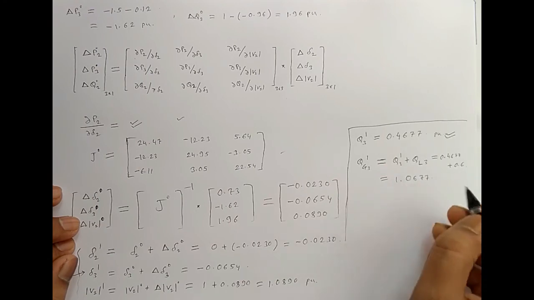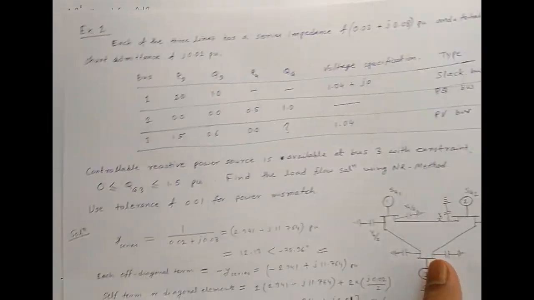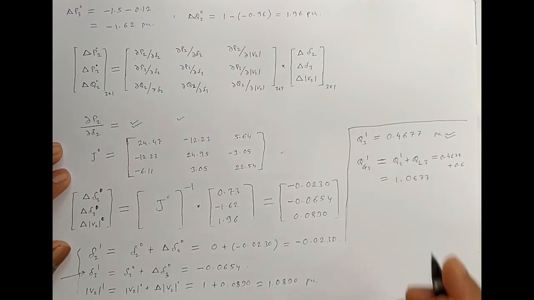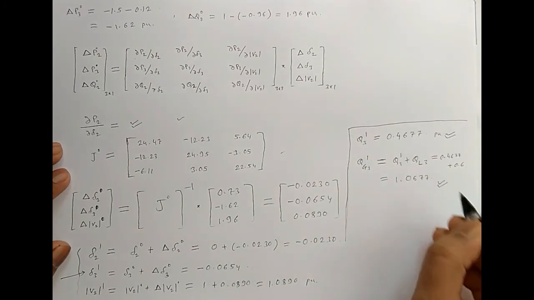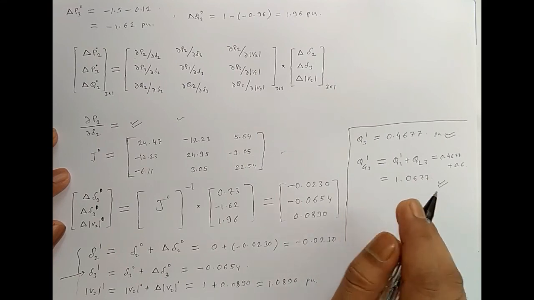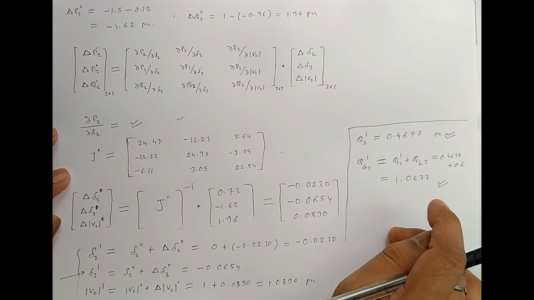But in the problem it is given that the Q limit should be within 0 to 1.5 pu, and that is satisfied.